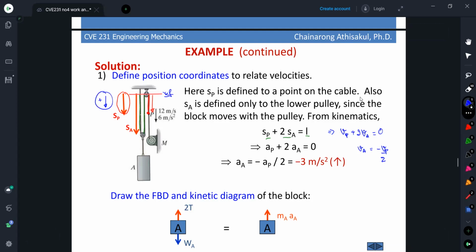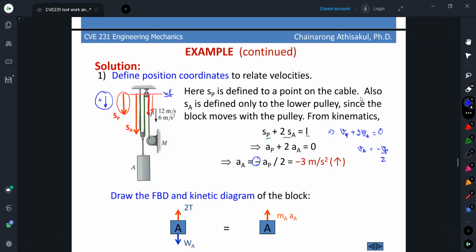What does this mean? It means that when A is moving down, point P should move up, because the negative sign means that. If A is moving down, P will move up, and if A is moving up, P will move down.